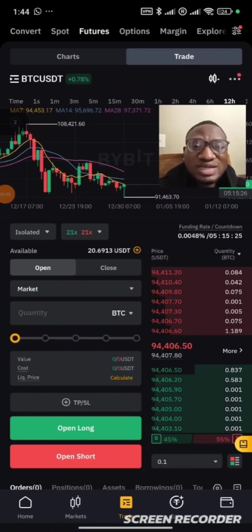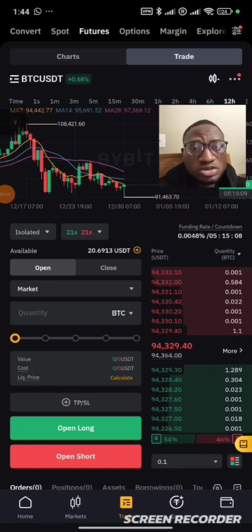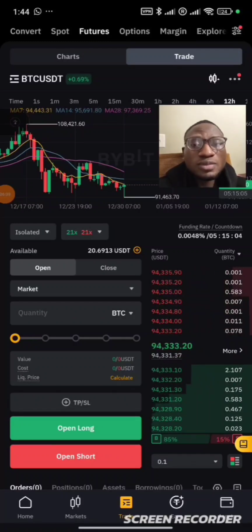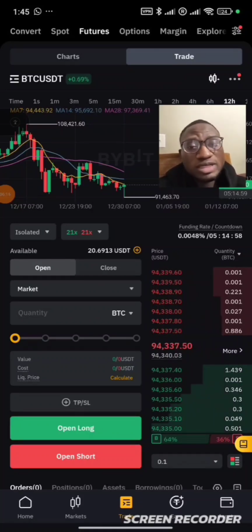The upside is that whenever you are in profit, you become more profitable. Whenever the price moves just a little bit, you make more profit. But whenever the price drops just a little bit, or goes against you, you lose more money, or you lose everything, or you get liquidated.